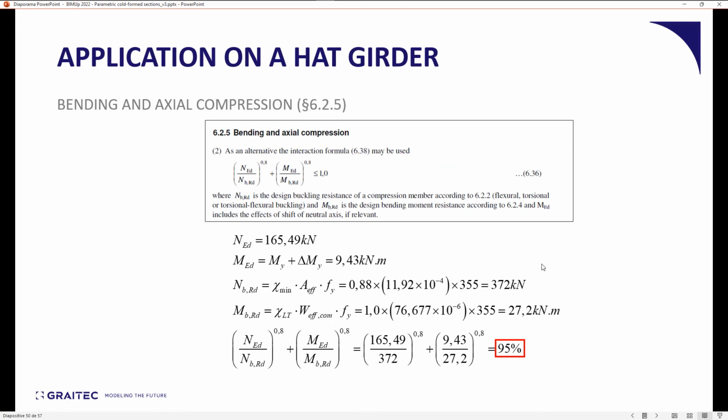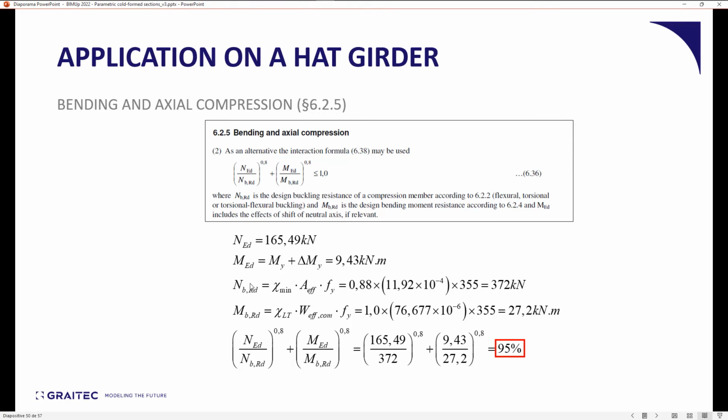When we've got all that, we can perform the critical check, bending and axial compression, because we've got the axial force, 165 something. We've got the design moment with the additional moment from the shift of the centroid.